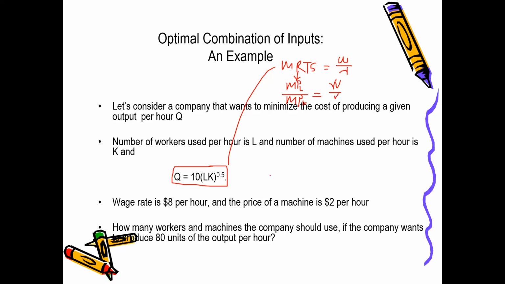W over R. The W is given, the wage rate is 8 per hour. R is given as 2 per hour. So W is 8 and R is 2. And we have to produce 80 units.